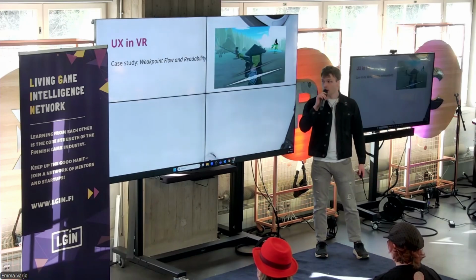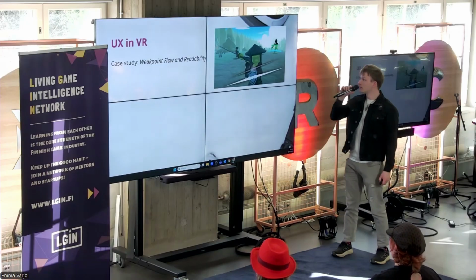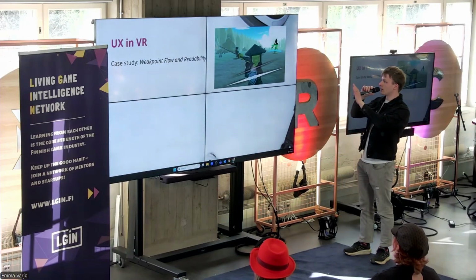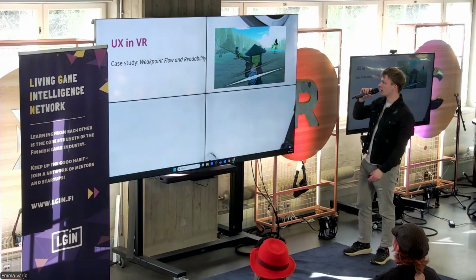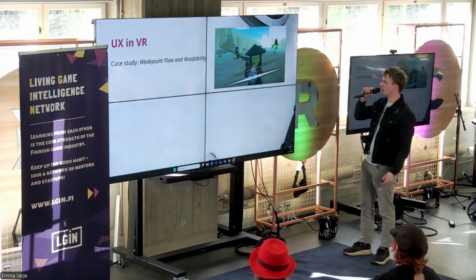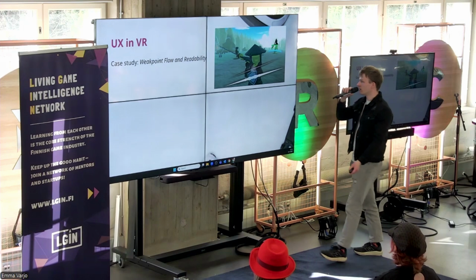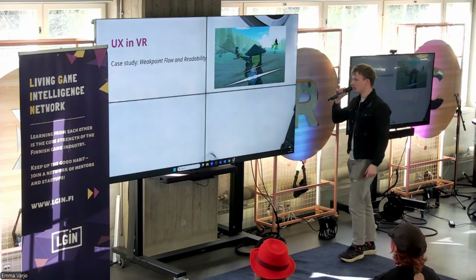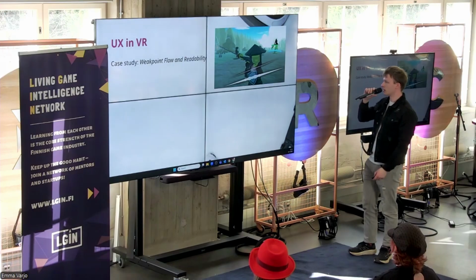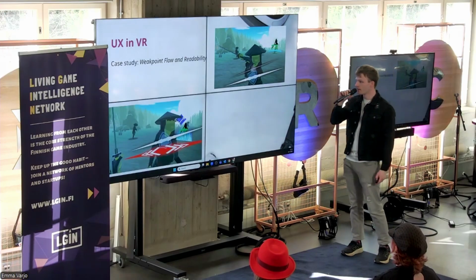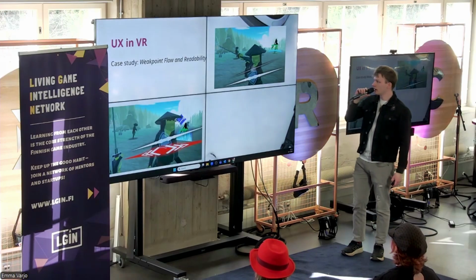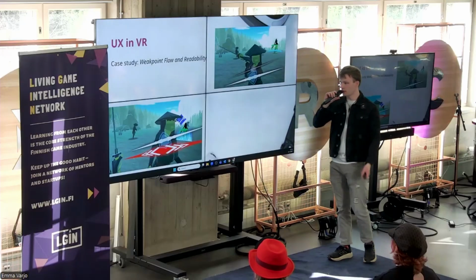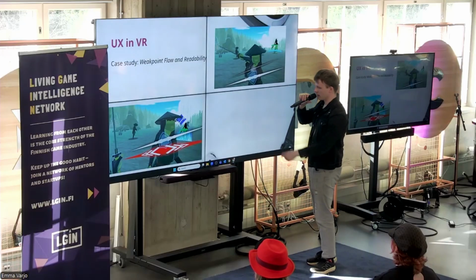In our game, you're facing these enemies. They're just samurai guys, and they have swords and they attack you. And we have these lines here, and we call them weak points, because you need to hit them yourself. The basic idea is that if you have a sword, you need to slice the red thing.